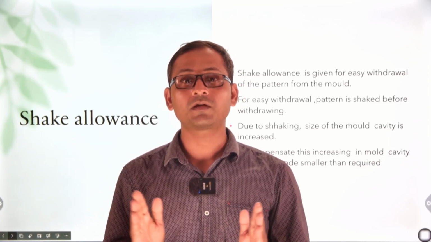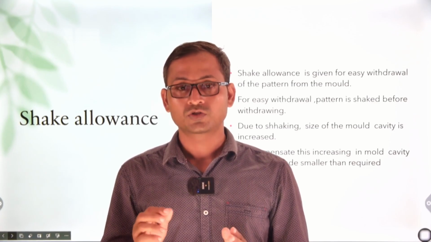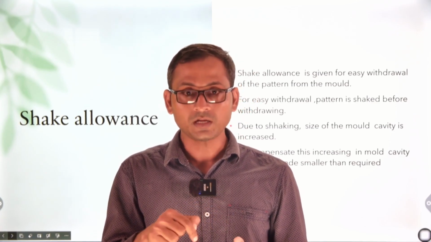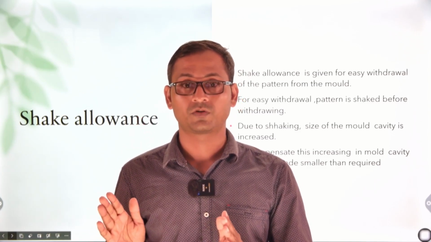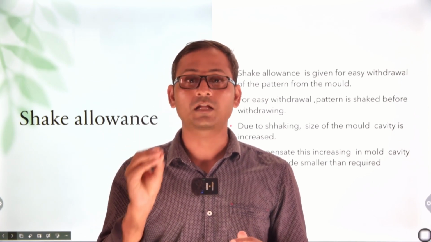So this is the negative allowance. We make the pattern somewhat smaller than required, so that while we shake, the newly created mold cavity will be of equal size to the original casting. Original size required. This is your shake allowance. This is the negative allowance.